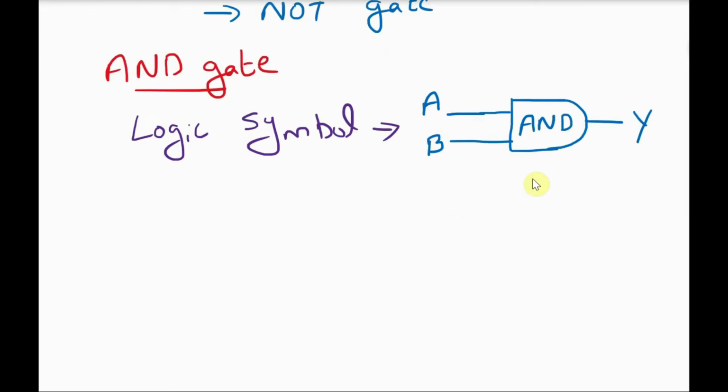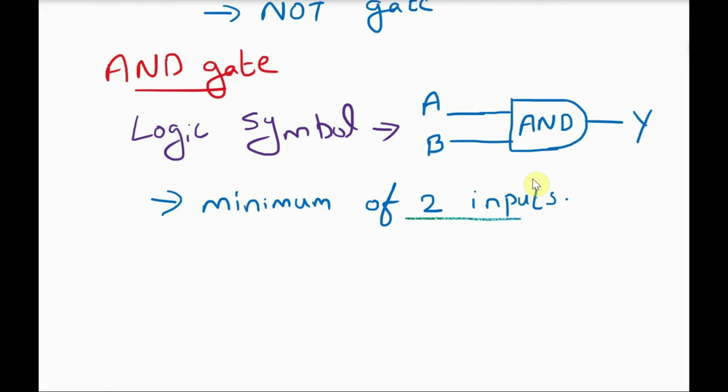In AND gate, there should be a minimum of two inputs. Maximum you can have any number of inputs, but for performing an AND operation, you need a minimum of two inputs. So here I have drawn the AND gate with two inputs.